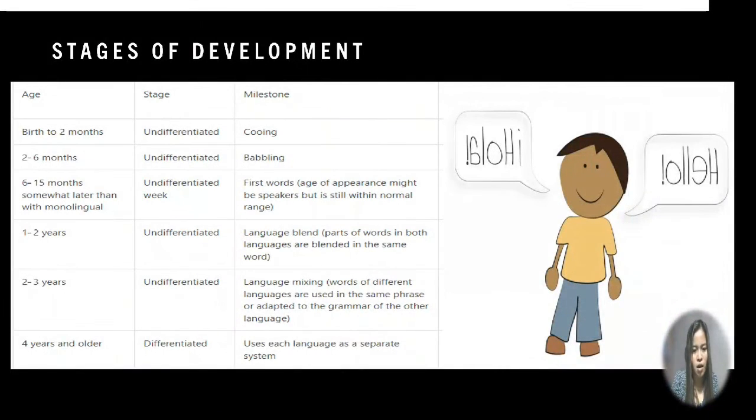Next are the stages and milestones of a child. The table shows the age, ranging from birth to 4 years and older, and then the stage, which are undifferentiated and differentiated, and the milestones or the development of a child.